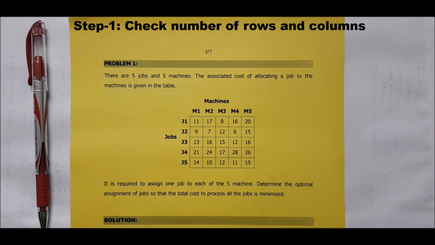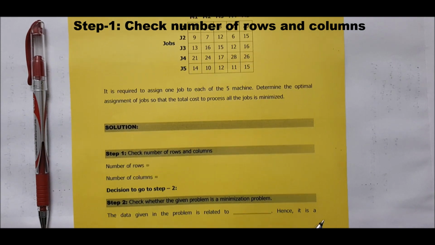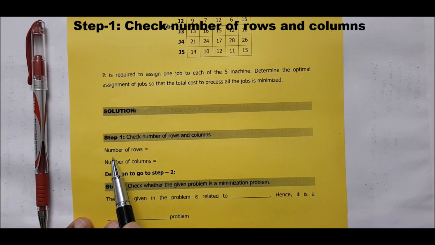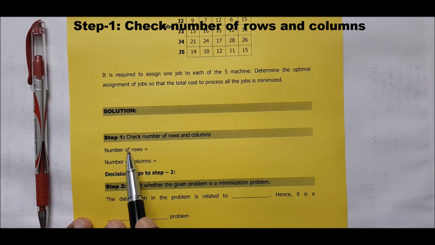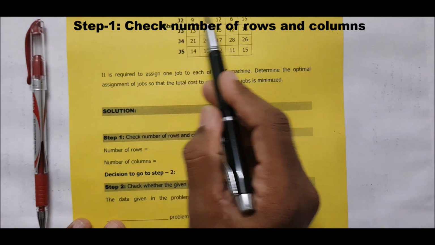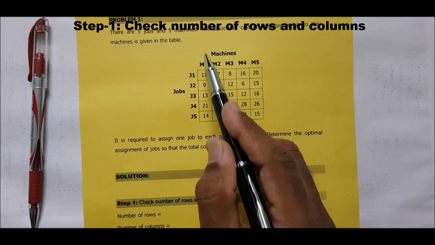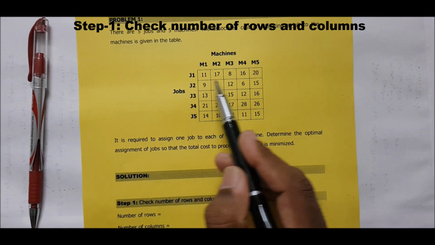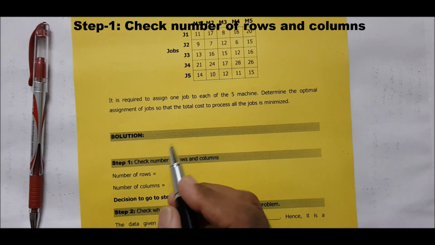Now we will go to step 1. The problem is there and we will go to step 1. What is step 1? It is very clear. Check the number of rows and columns. Before going to step 2, the number of rows and the number of columns should be equal. The number of rows is 1, 2, 3, 4, 5, so I am marking it as 5.